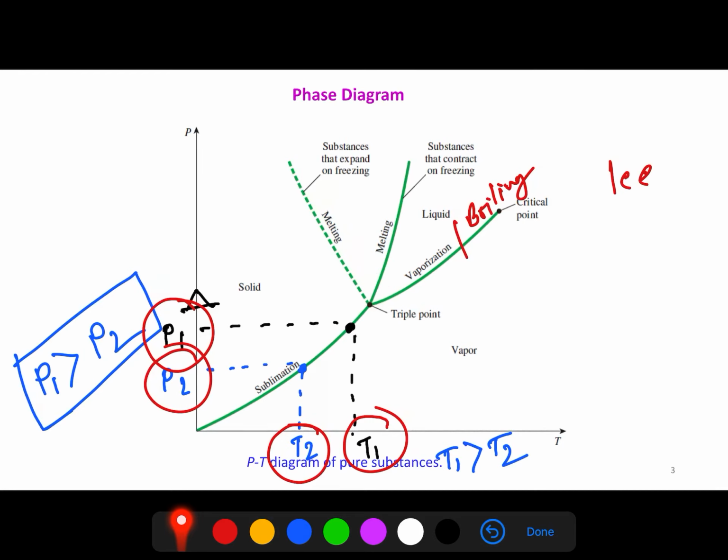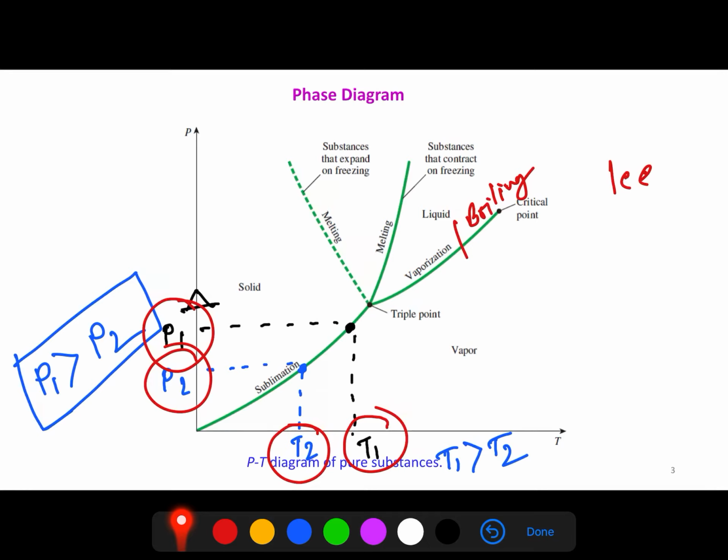The triple point is the point where these three lines coexist. That means vaporization or boiling, melting or fusion, and sublimation, these three lines of the pure substance, let's say ice, coexist in equilibrium.